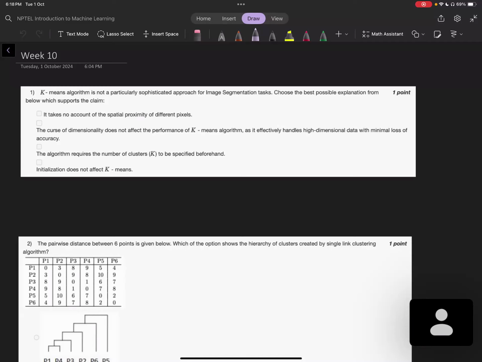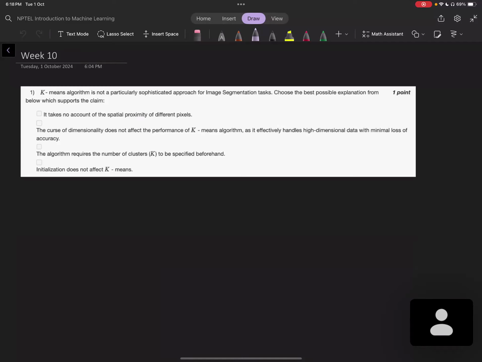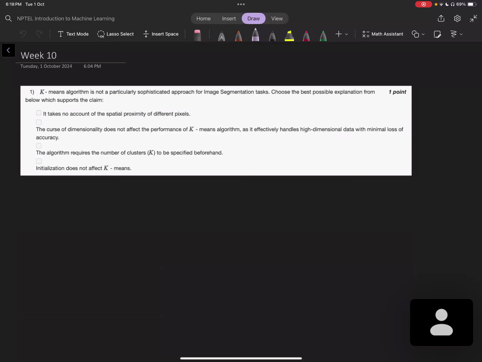When we talk about k-means, we're looking at clustering algorithms, and the way they work is that, let's say you have a data set with two features x1 and x2. Let's say there are certain points in the data set with some value of x1 and some value of x2. Let's say this is one point and this is another point, with some points around it, and another cluster.